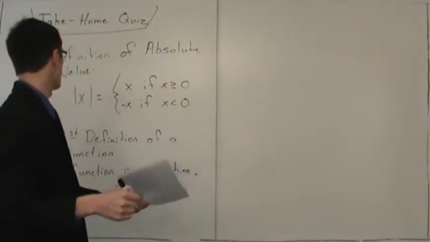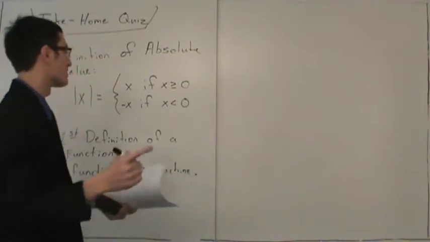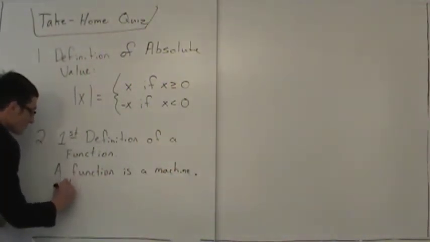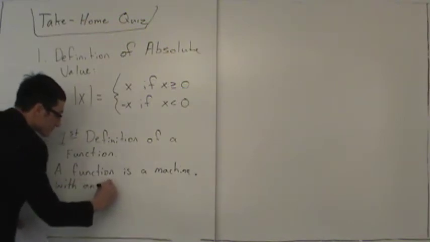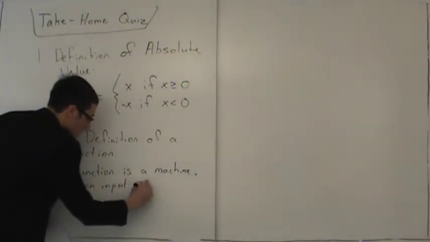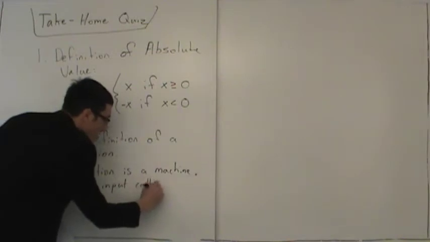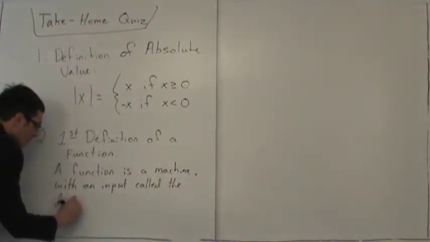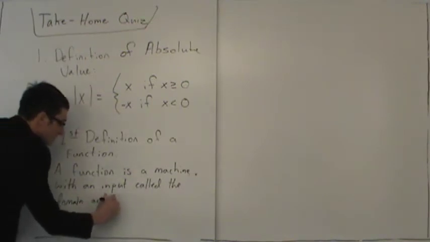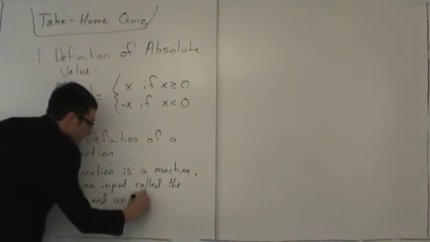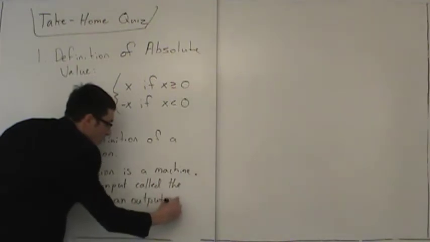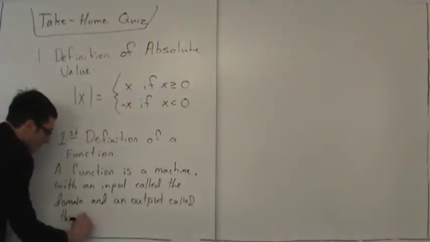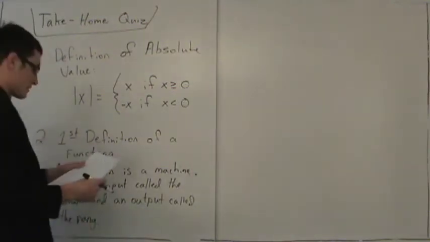We're going to change the definition to the precise definition this week. But for now, a function is a machine with an input called the domain and an output called the range. All right, so first two done.